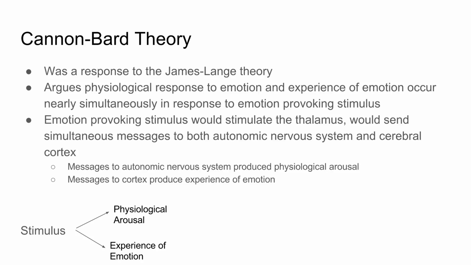And at that moment, the messages to the autonomic nervous system produce the physiological arousal, and the messages to the cortex produce the experience of emotion. But those happen at the same time. So the stimulus occurs and is sent to the thalamus, and the thalamus sends the information to the autonomic nervous system and to the cortex at the same time, thus having a response simultaneously.